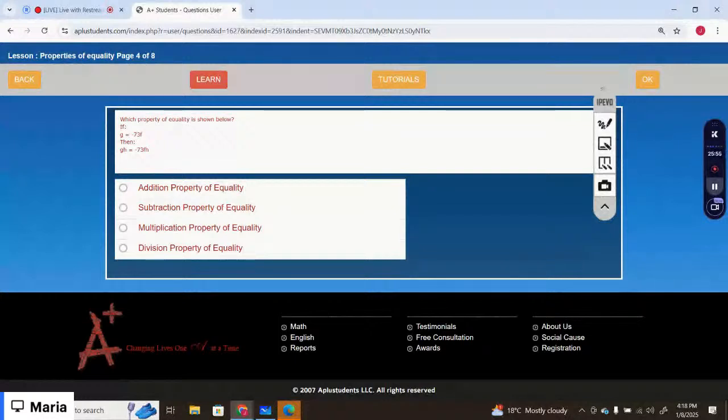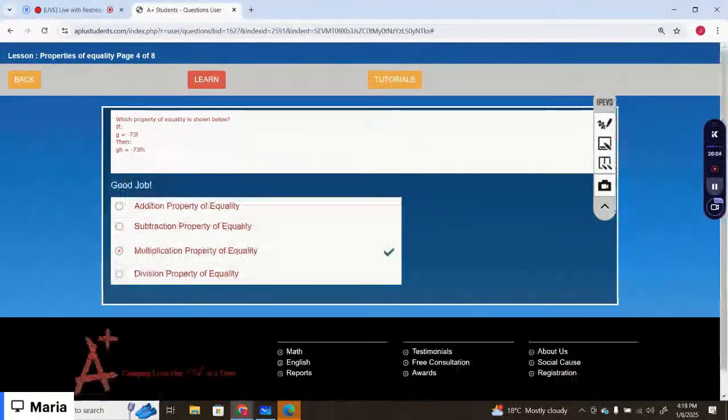That is the multiplication because you are multiplying g times h, and the value of g is multiplying to h. So that is multiplication property of equality.